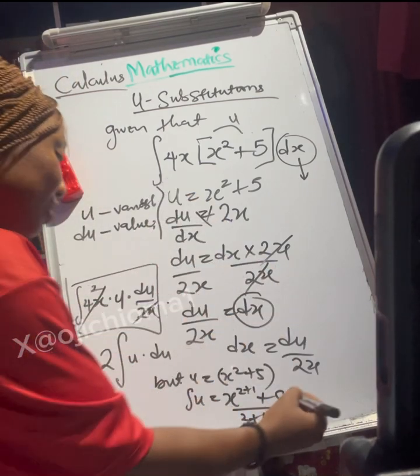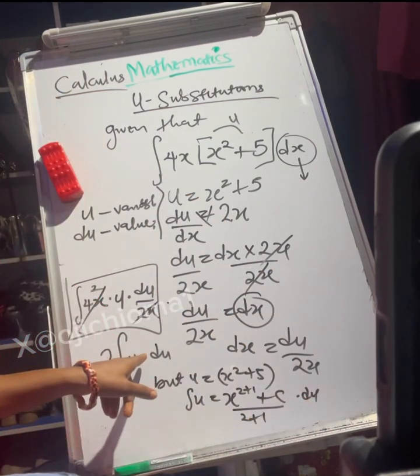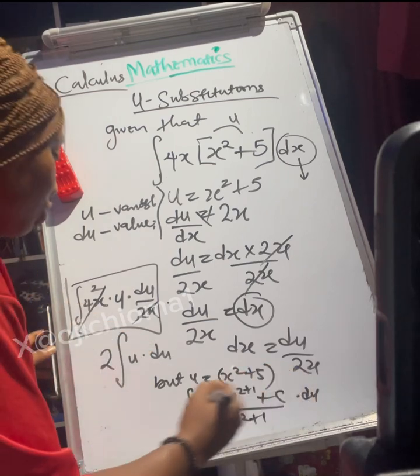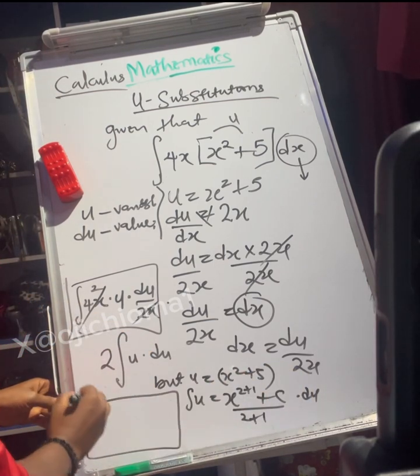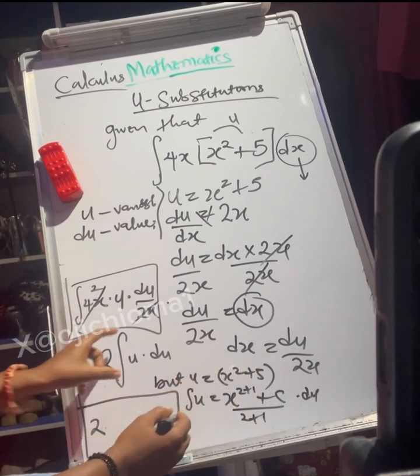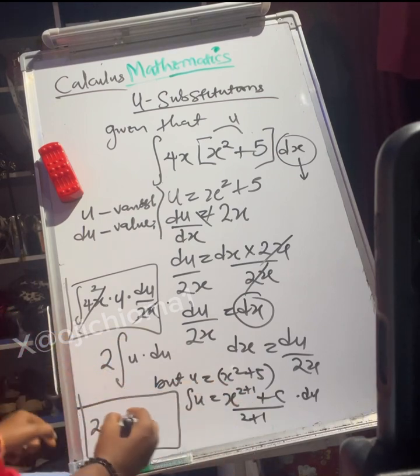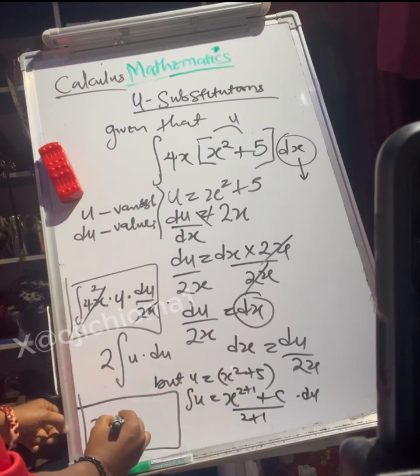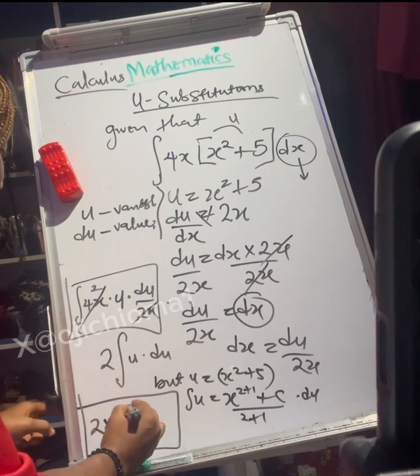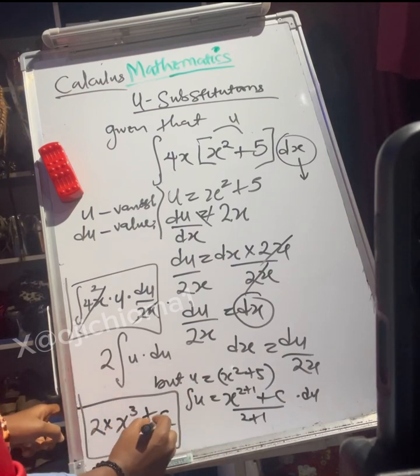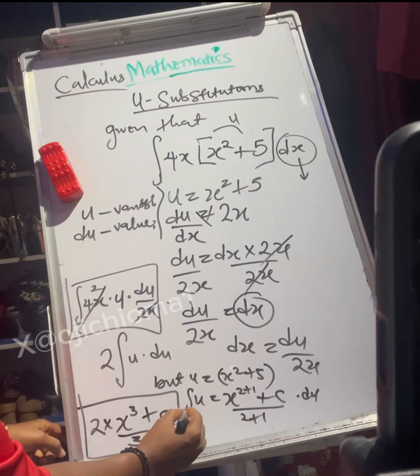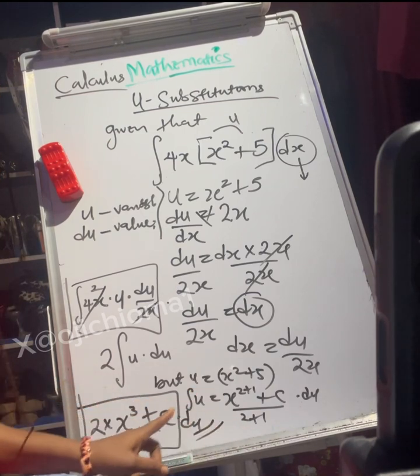This du means times, this dot means times. So the total formula will now be 2. Then this integral, we have already used it here. So it will now be 2 times x raised to the power 2 plus 1, which is 3, plus c over 3 du. So that's your final answer.